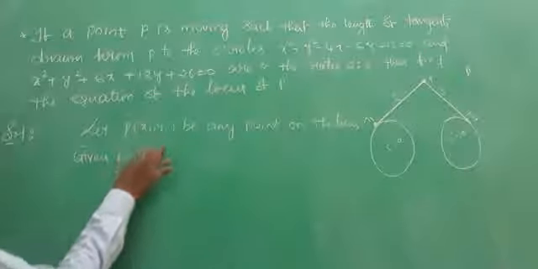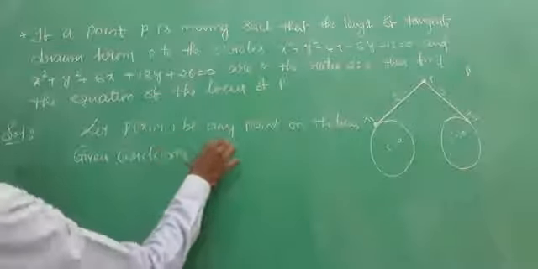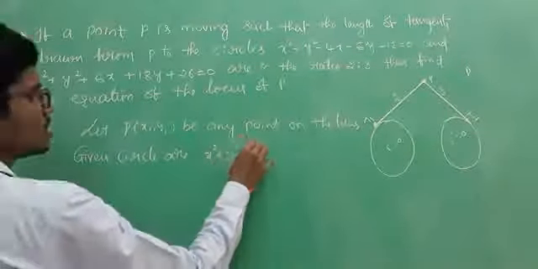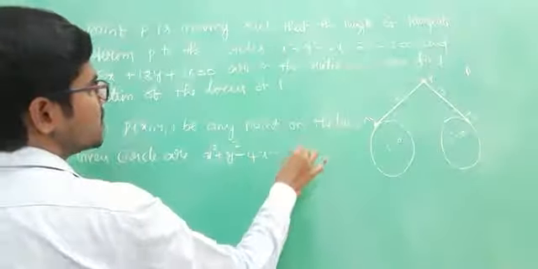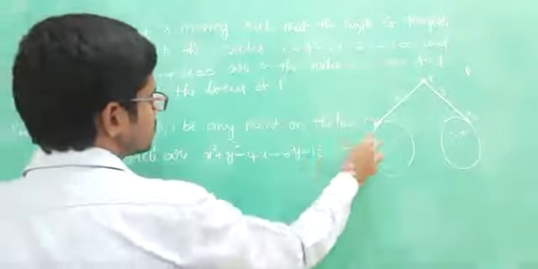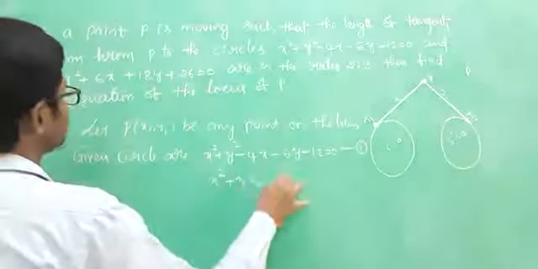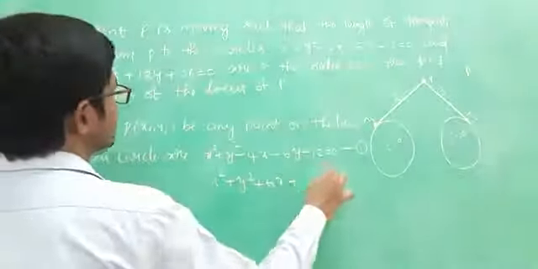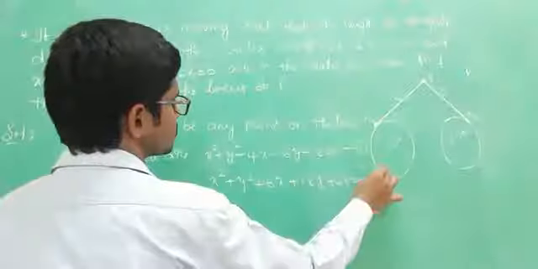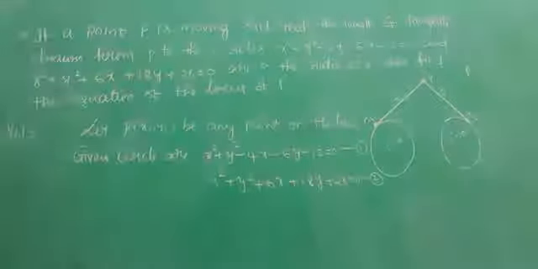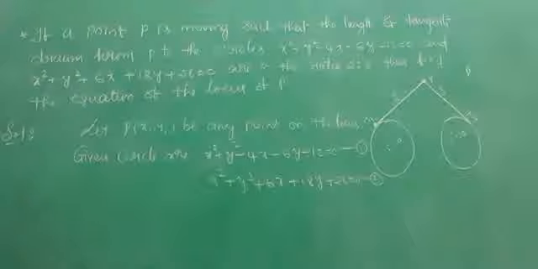Given circles are x square plus y square minus 4x minus 6y minus 12 equal to 0, and S dash is x square plus y square plus 6x plus 18y plus 26 equal to 0. Let it be the second circle, equation number 2.